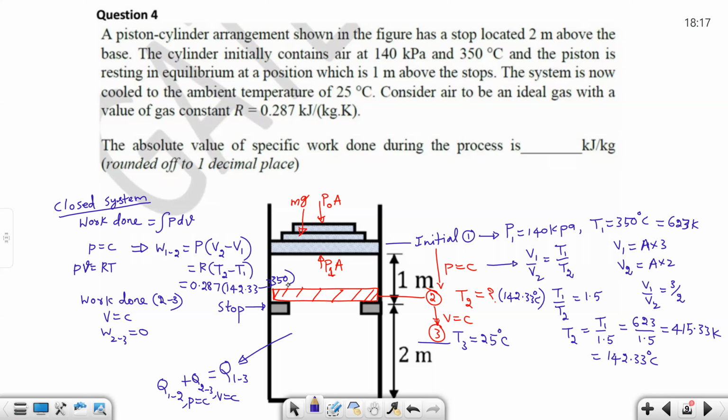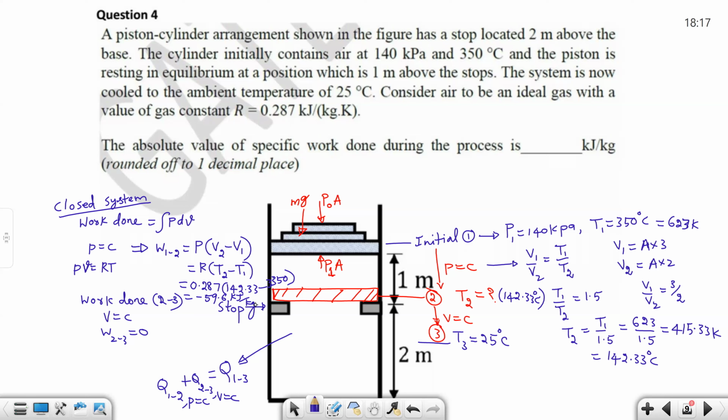So this work transfer will be equal to minus 59.6 kilojoule per kilogram.